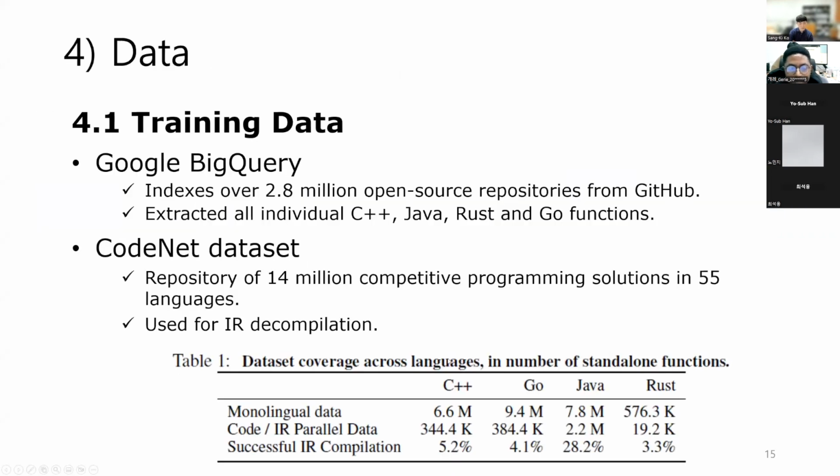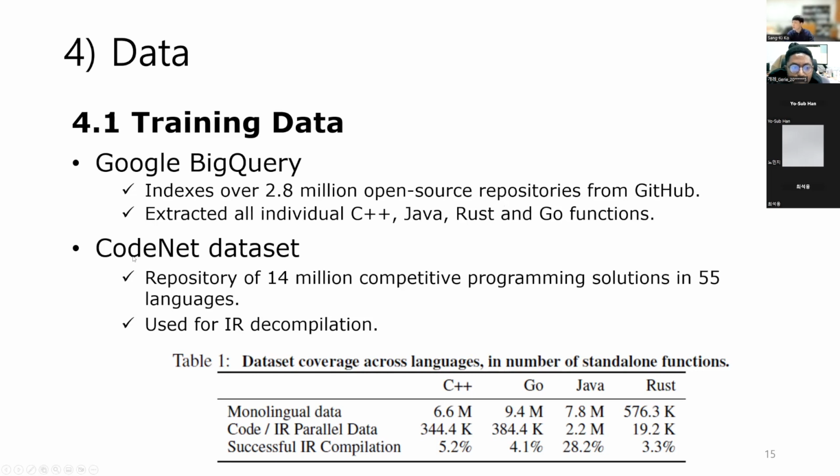So here are the data compositions of this model. They use Google BigQuery for C++, Java, Rust, and Go functions. Google BigQuery actually hosts the GitHub open source repositories.